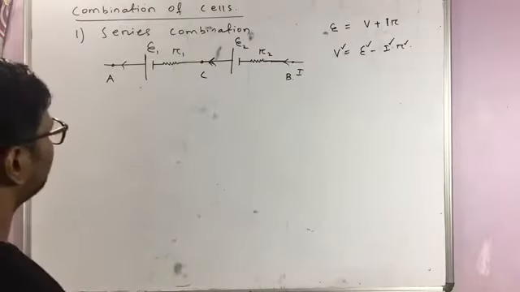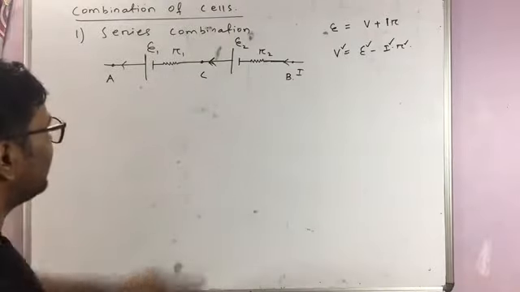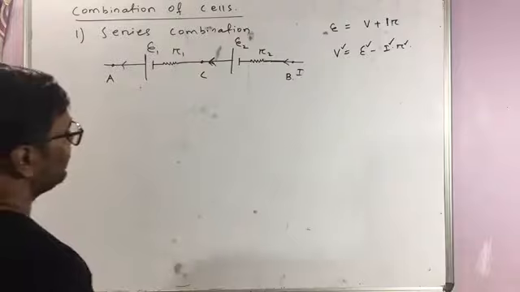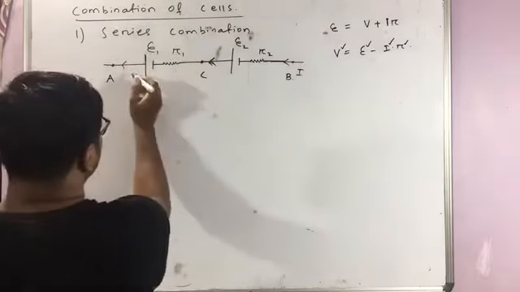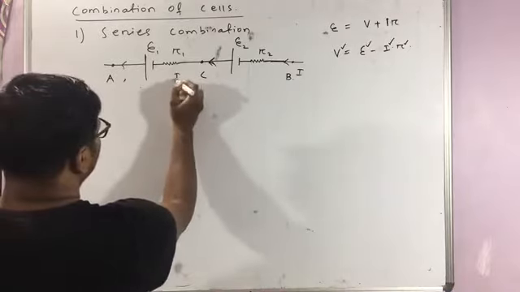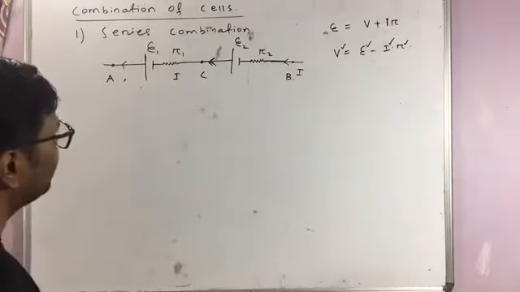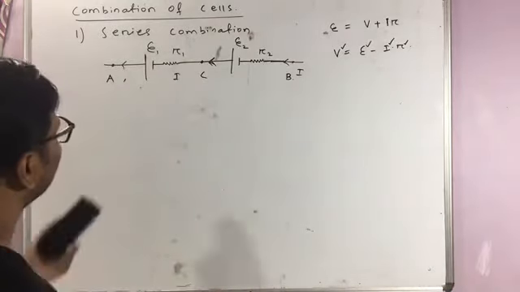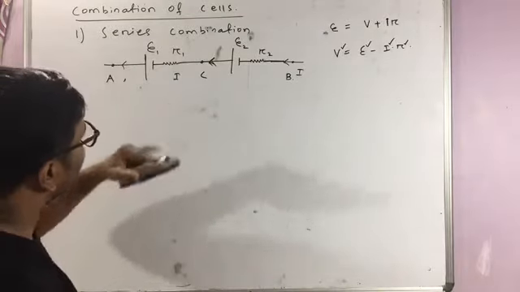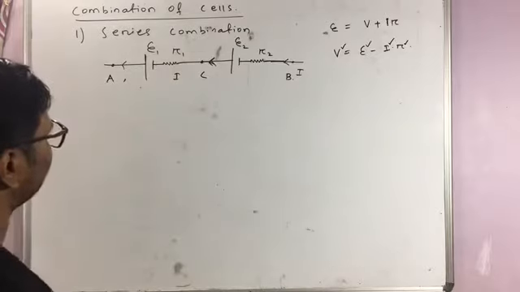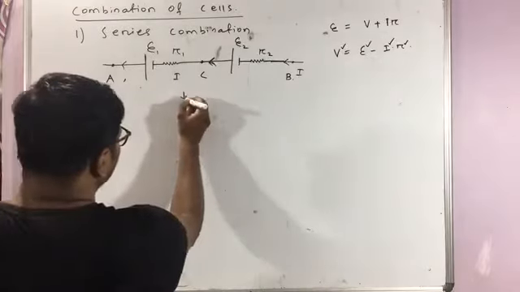Now our job is to replace these two cells by a single cell, so that whatever the two cells are doing, means they are sending a high amount of current to the circuit, that single cell after replacing these two will also send this high amount of current in the circuit. So the equivalent diagram will be like this.